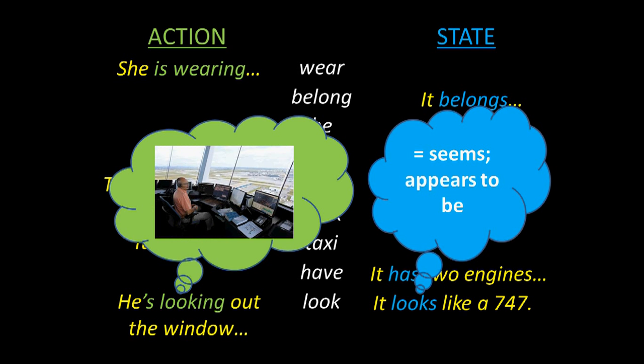However, it looks like a 747 is basically saying it seems like a 747, or it appears to be a 747. This is a state of being, not an action. So, if it's the action, continuous tense. He's looking. But if it's the state, present simple tense. It looks like a 747.